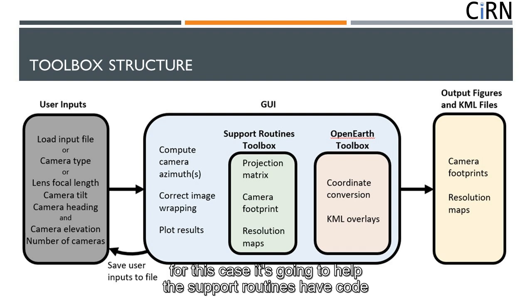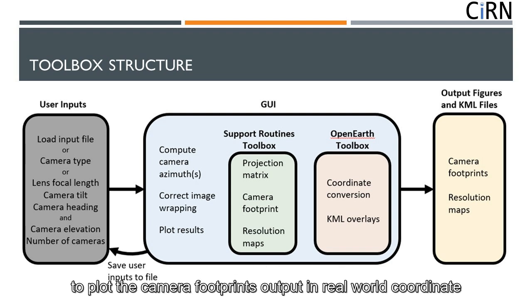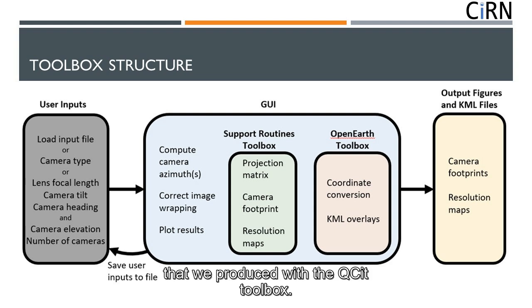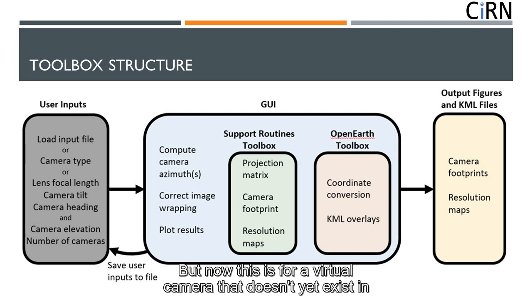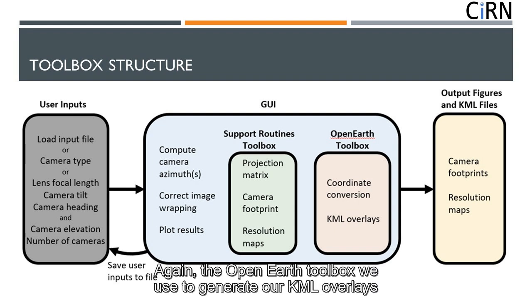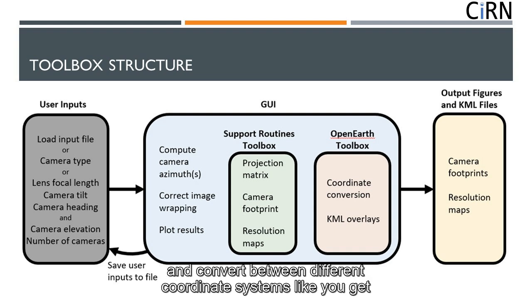The support routines has code to plot the camera footprint out in real world coordinate system and to produce resolution maps, really similar to the ones that we produced with the QSIT toolbox, but now this is for a virtual camera that doesn't yet exist in the world. Again, the Open Earth toolbox we use to generate our KML overlays and convert between different coordinate systems.